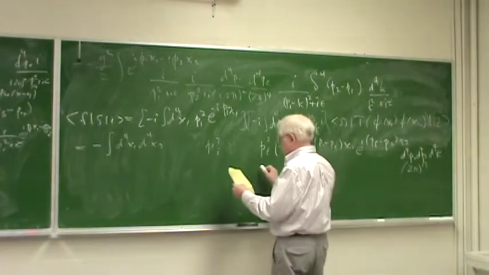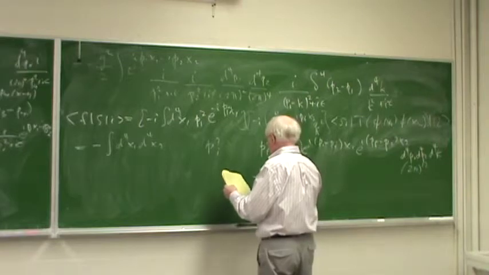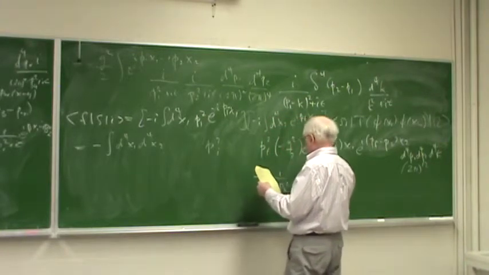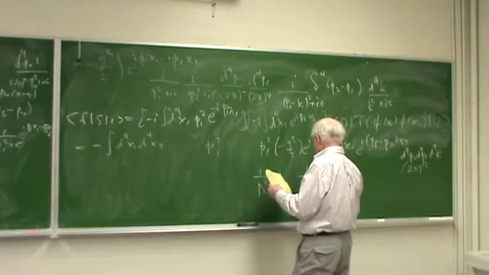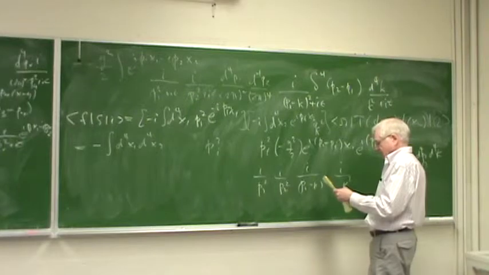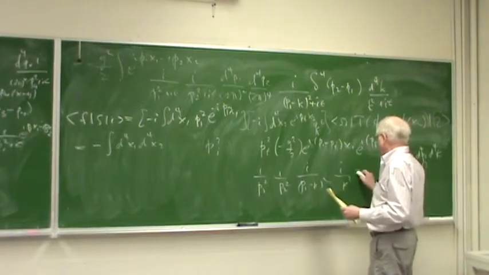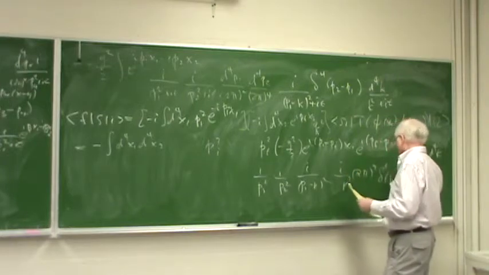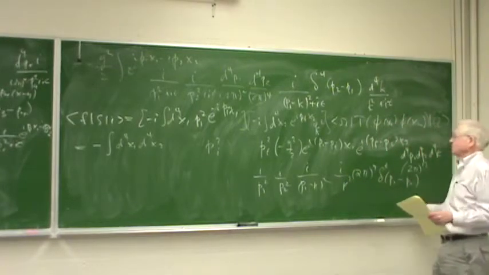And then it's i over p1 squared, I'm leaving out the i epsilons, i over p1 minus k squared, i over k squared, and then 2 pi to the 4th, delta 4 of p1 minus p2.